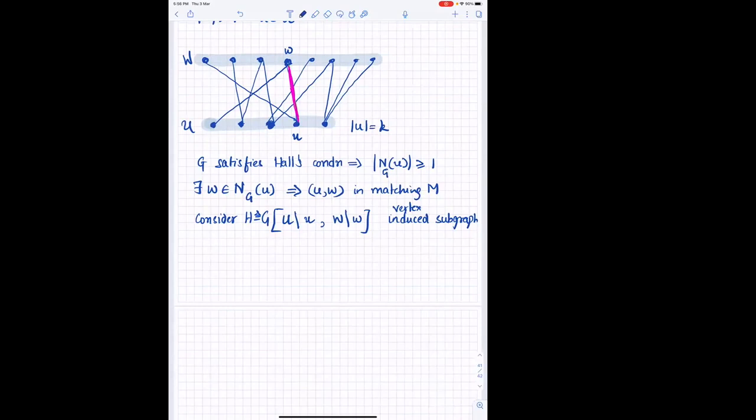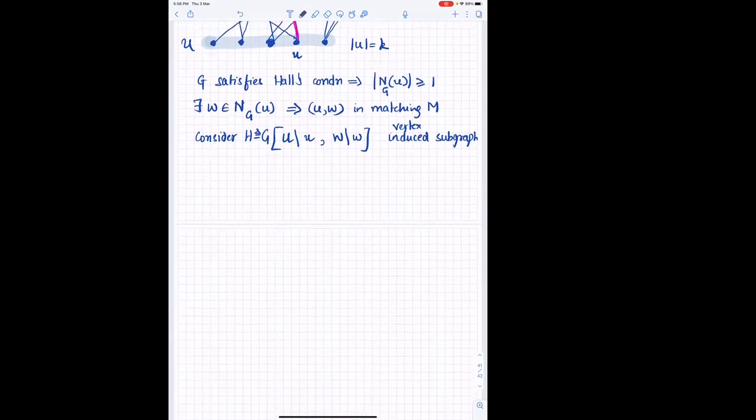So in other words, every edge in H is an edge in G, and every edge in G between remaining vertices is an edge in H. So after removal, whatever was originally there will be kept, except incident edges on U and W. Is this notation clear? You are just removing U, W, and some edges.